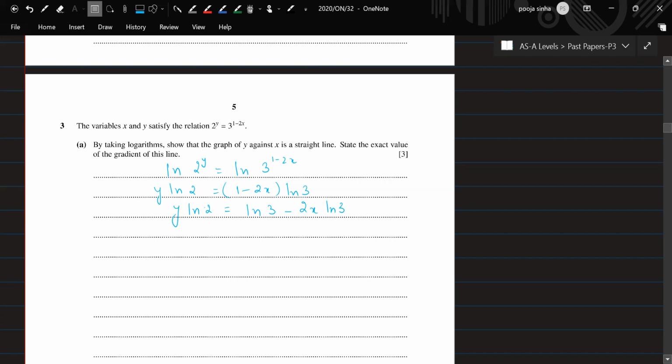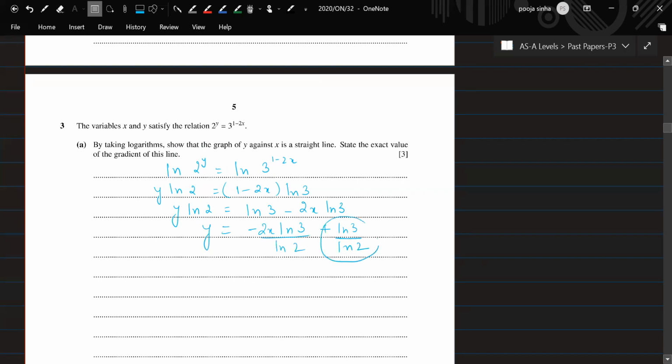Second, because I want to make it as y is equal to mx plus c. So can I bring this ln 2 down? We can do that. So minus 2x ln 3 plus ln 3, and everything will be divided by ln 2. This is also divided by ln 2.